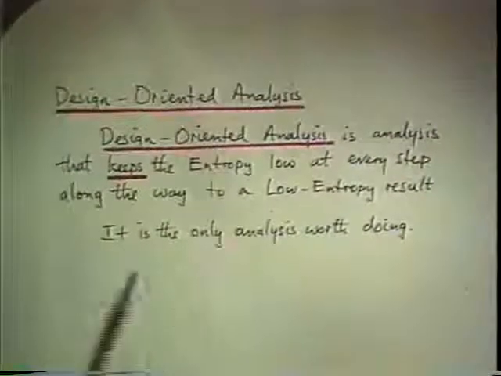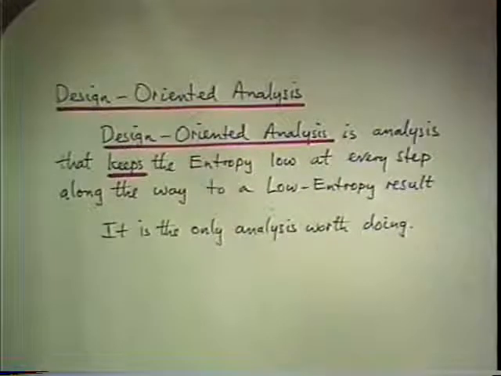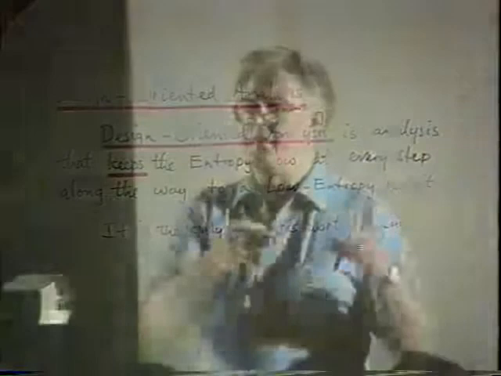So, design-oriented analysis is analysis that keeps the entropy low at every step along the way. That's the next step of improvement in the analysis method. I introduced the word entropy in reference to the answer. And one way to get that is to do your usual analysis, which is sort of turning the crank and getting the answer in whatever form it turns up.